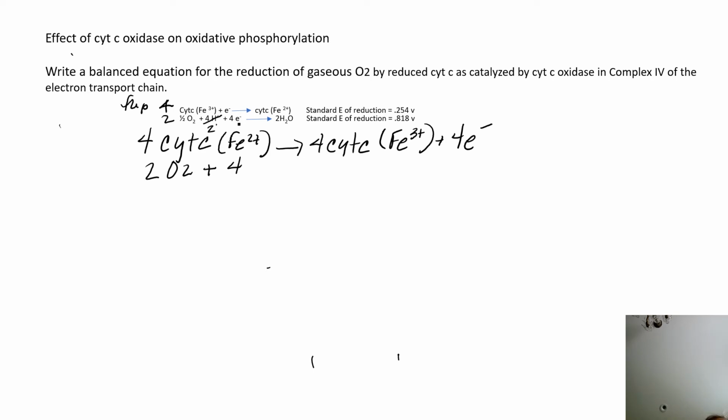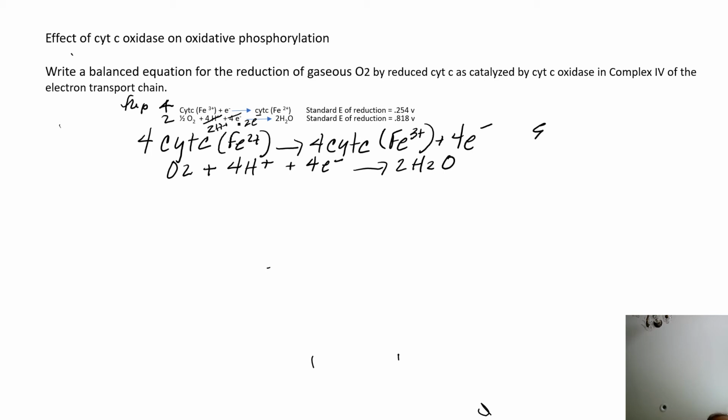That was 2H+ and 2 electrons. Sorry about that. I typed it into the Word document, and I was looking at the wrong equation. So we have 4 hydrogen ions plus 4 electrons. And we multiplied that by 2, so we just have 1. So I'm going to erase that. And that is going to give us 2 moles of water.